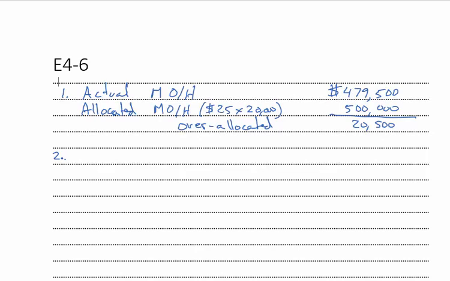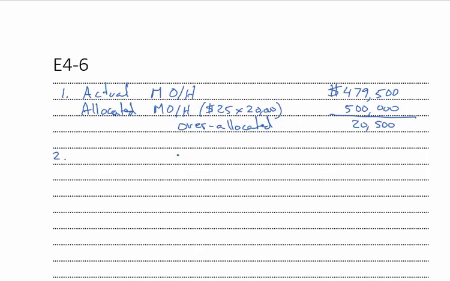So the overhead that we wrote down was the actual overhead that was incurred in the period. As we've now learned, firms don't typically wait to find out what their actual overhead was. They use allocations to apply an estimated amount. And therefore, when we do this schedule of cost of goods manufactured, we're not going to list the actual overhead costs. We're going to list the amount that's allocated.